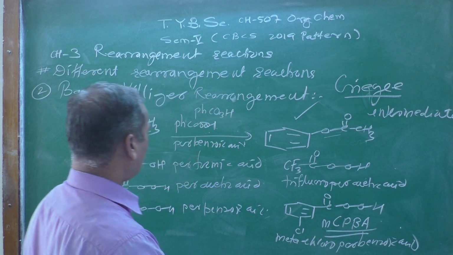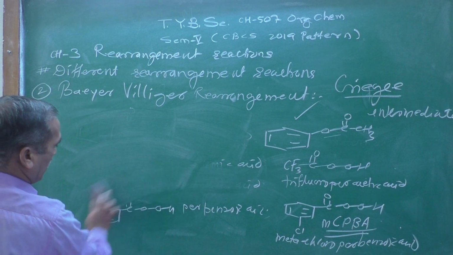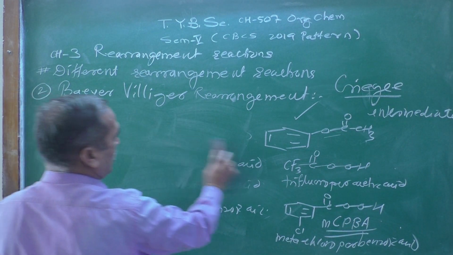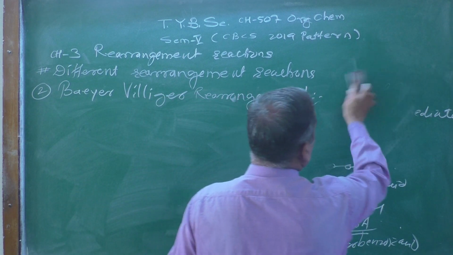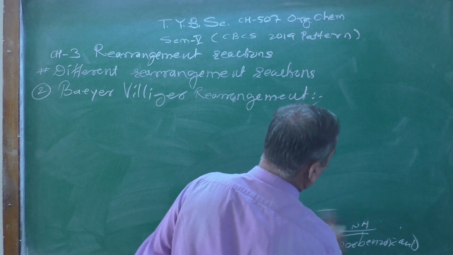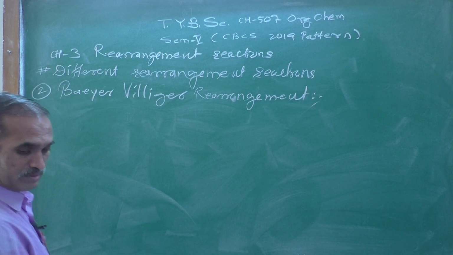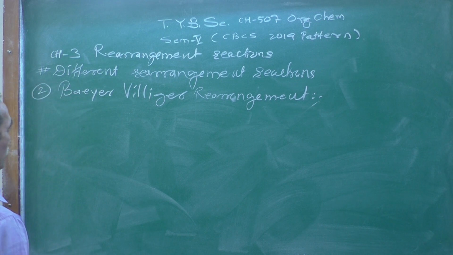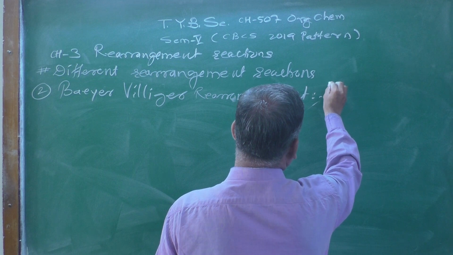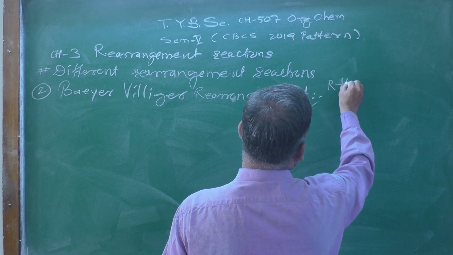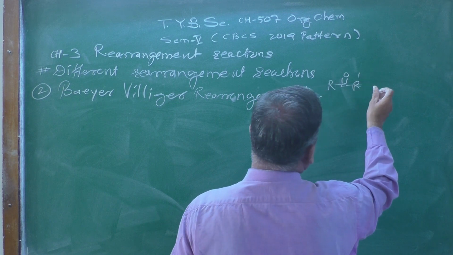So let us look at how the mechanism takes place in the Baeyer-Villiger rearrangement reaction that we are discussing here. So, the general reaction: remember, suppose we have R C double bond O R dash, a ketone.